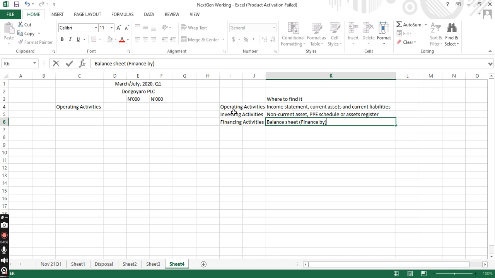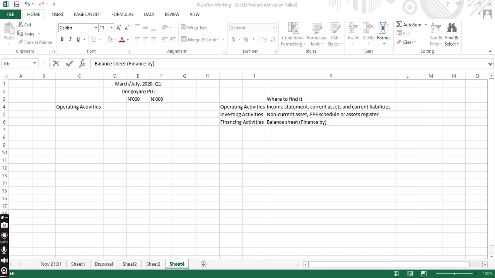Equity, your shares, and liabilities. That's where you can find it. You can find it in your equity, and you can also find it in your liability. So that's what we have there. Are we together, please? Yes, sir.